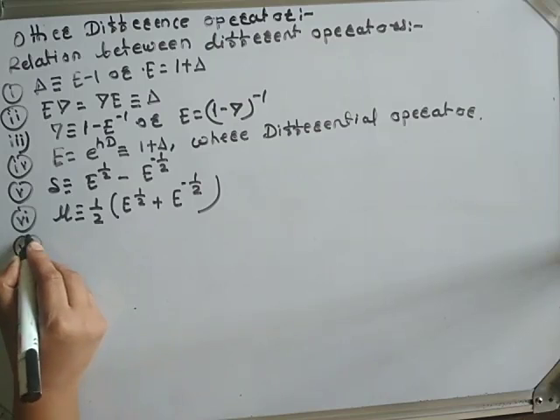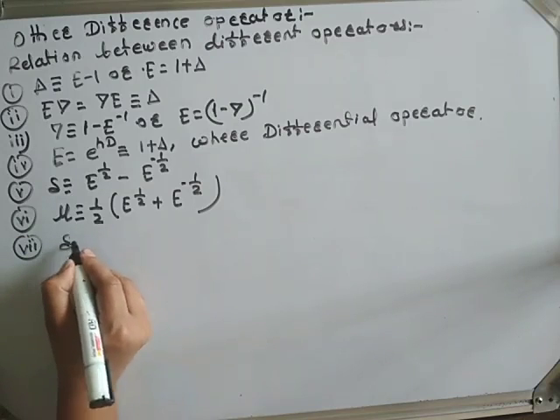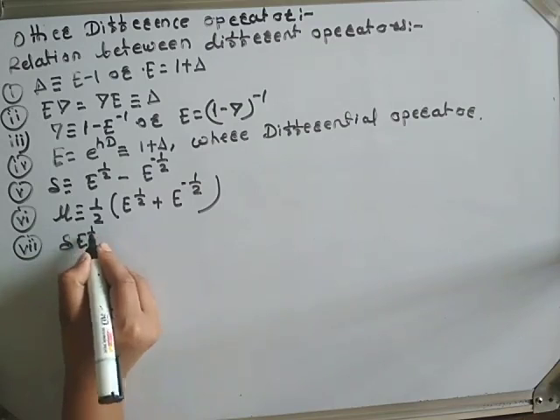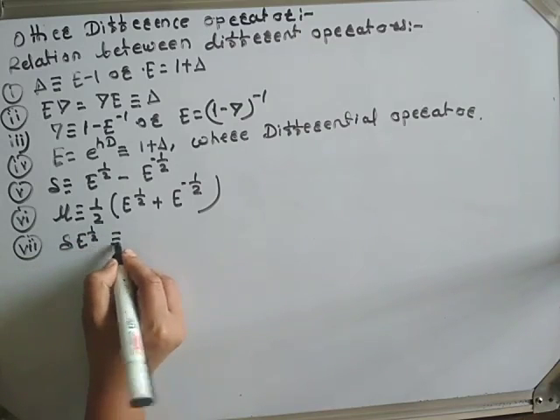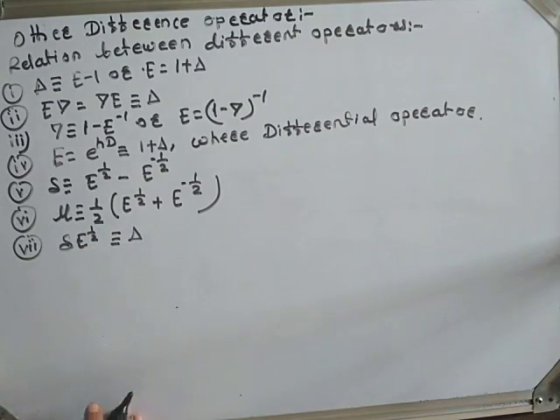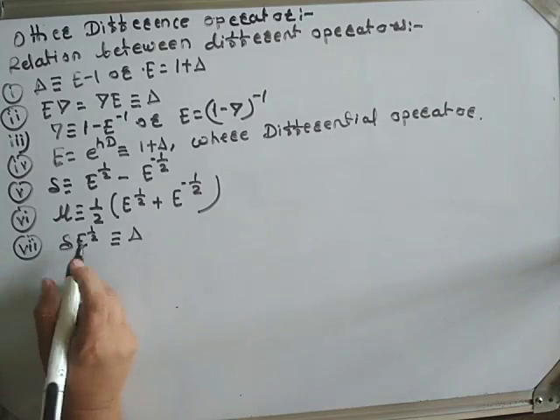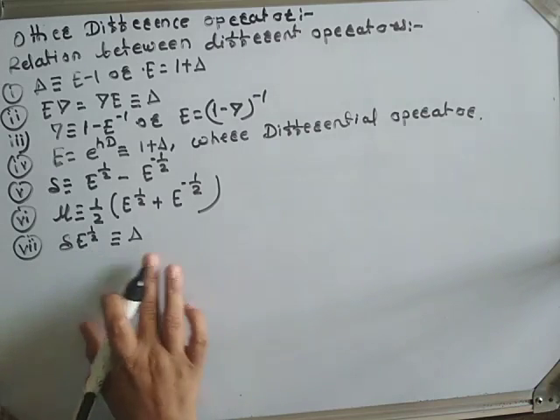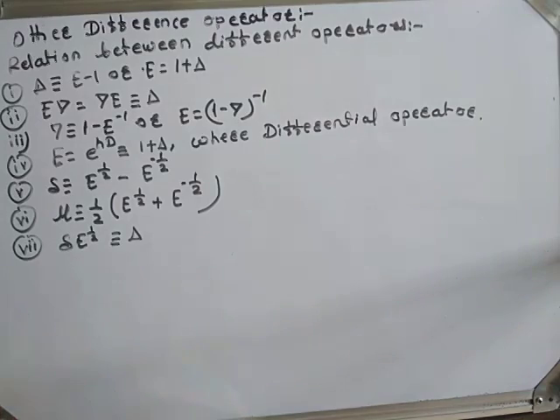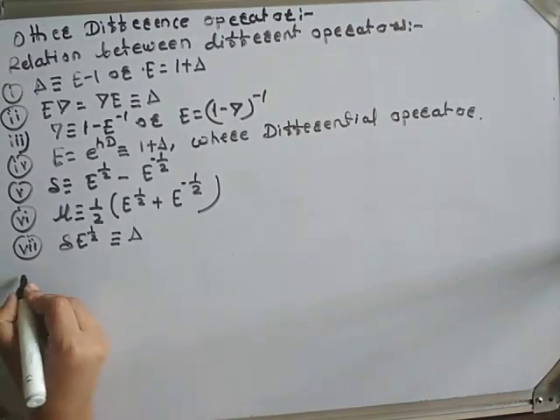And last relation is del of E raised to 1 by 2 is equivalent to delta. Let us see proof of this relation.